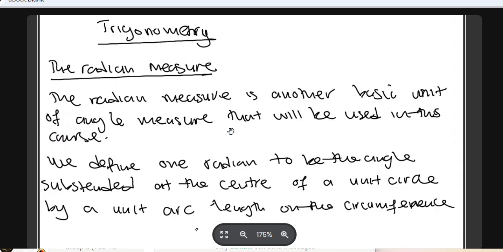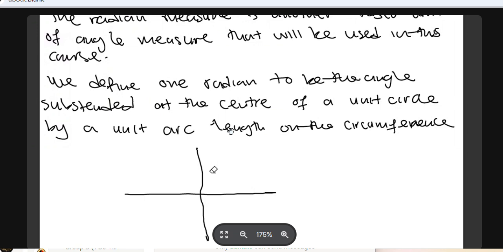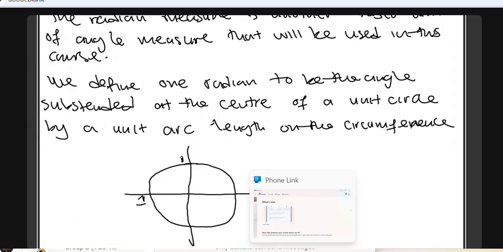So what do we mean here? A unit circle is just a circle of radius 1, okay? Pardon me, the drawing isn't so good. So this circle has radius 1. Here you have 1, there you have 1, there you have 1.